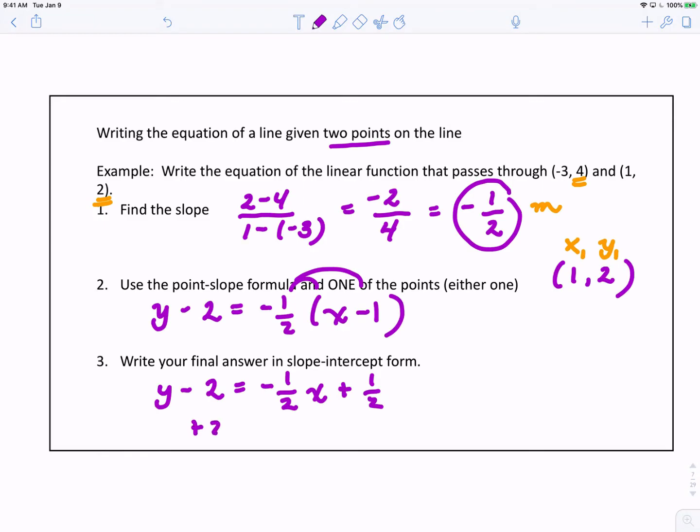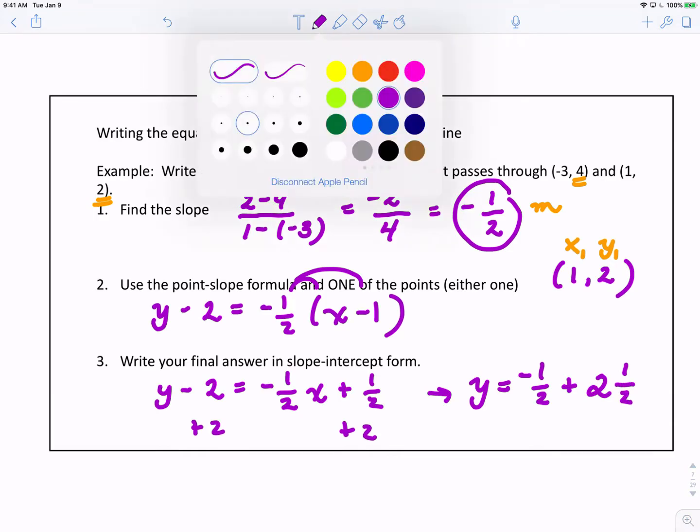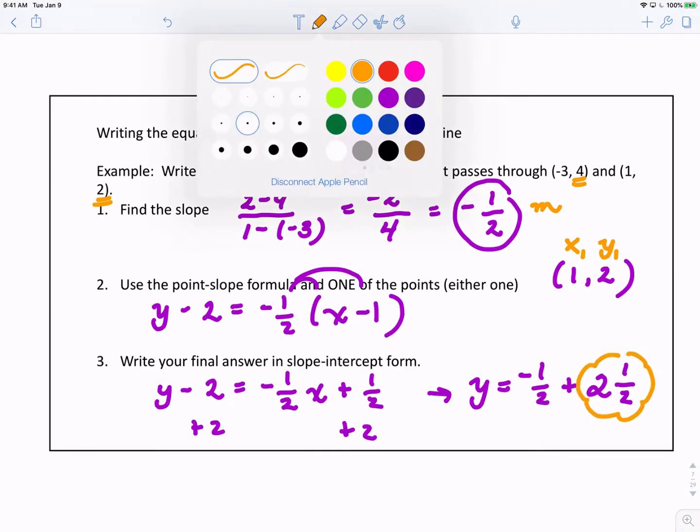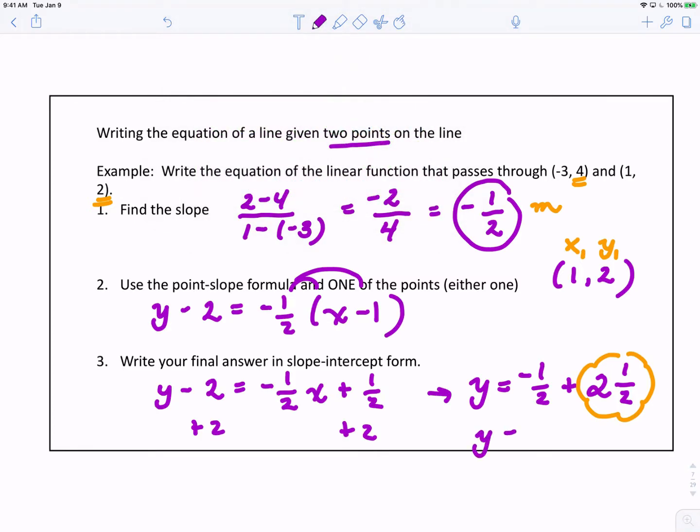We're going to add 2 to each side, and that tells us that y is equal to -1/2 x plus 2 and 1/2. Now we rarely use mixed numbers, so just as a reminder, we're going to go ahead and write that as a fraction, all right? And so we have y is equal to -1/2 x plus 5/2.